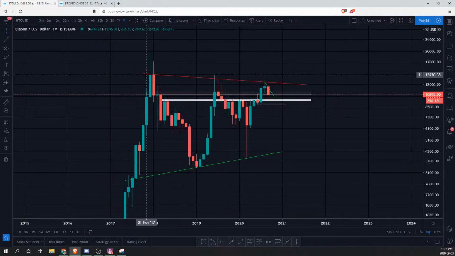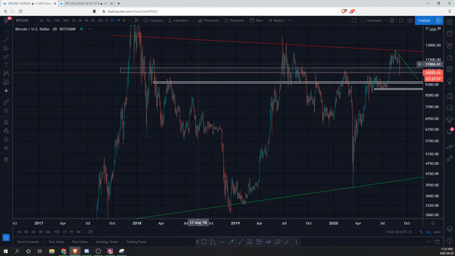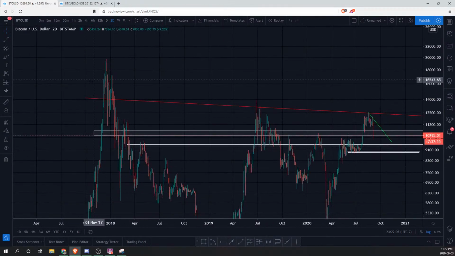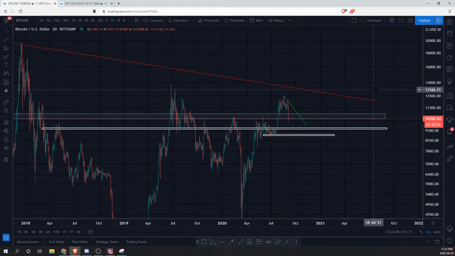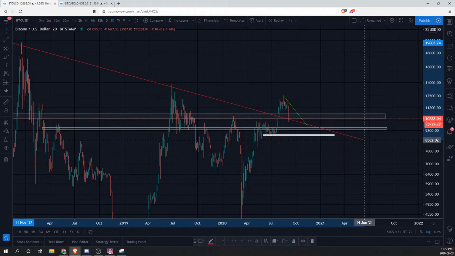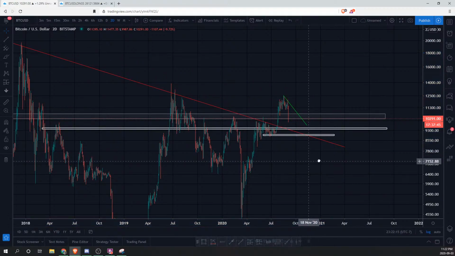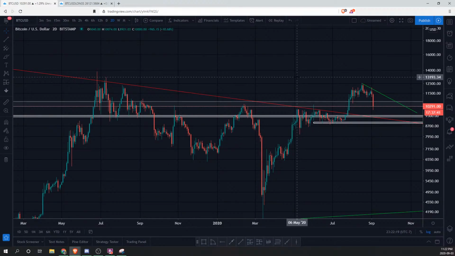But I think you got to be a little bit careful. Overall, my bias for the macro has not really changed too much. I still think that there's a very high probability that we have broken out, and this is going to be the higher low that we're going to be holding, and we're going to be looking for opportunities to continue the trend to the upside. So I'd say right now being a little bit patient is good.